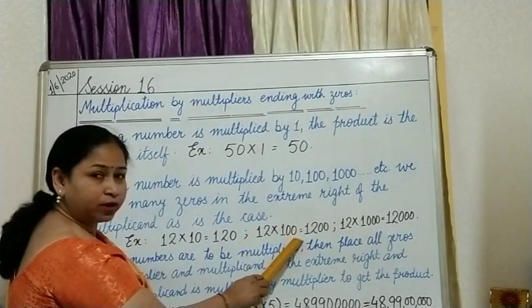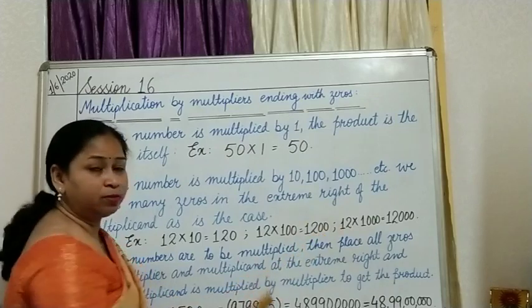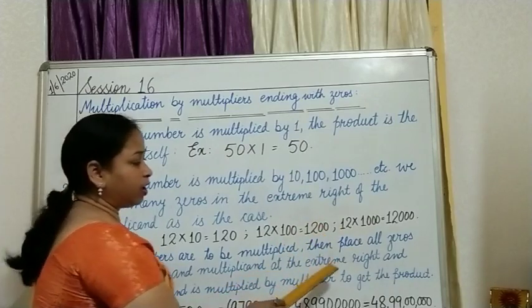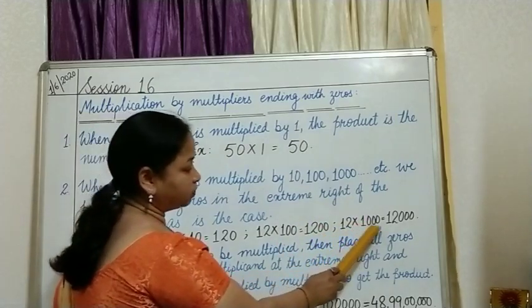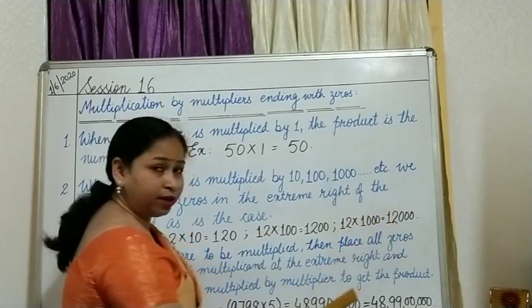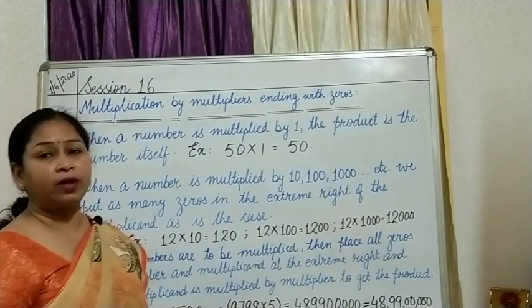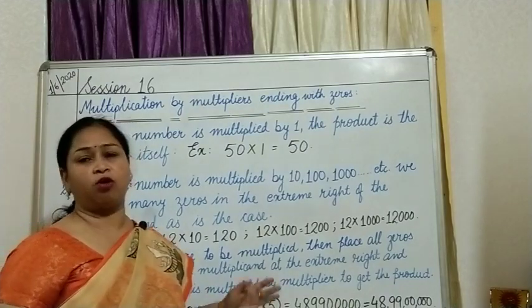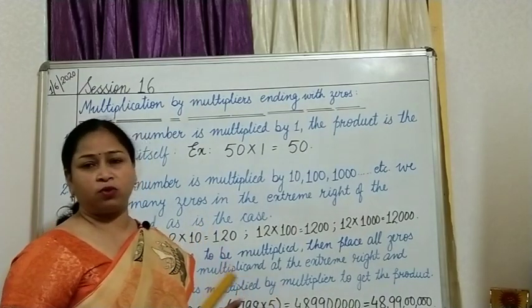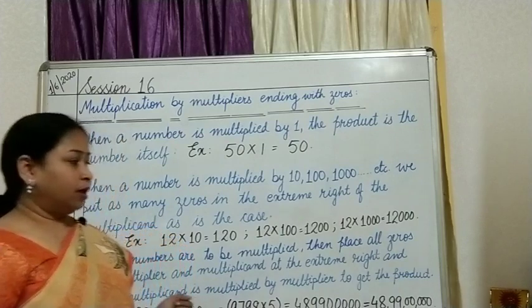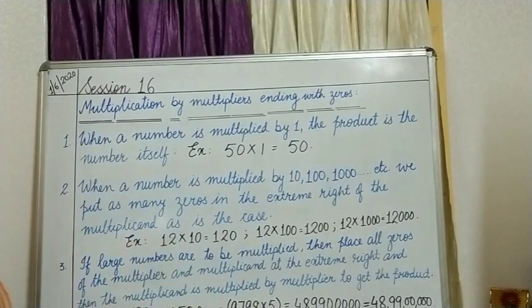And how many zeros can you see here? 2 zeros. So put the double zero over here. If you have 12 multiplied by 1000, 12 ones are 12 again, and how many zeros are there? 3 zeros. And children, this way you can multiply any number of questions. Okay. Let us move on to the next rule.